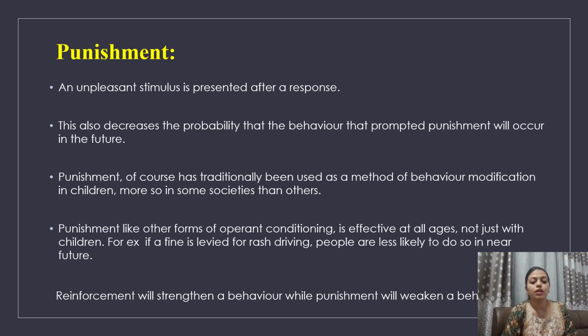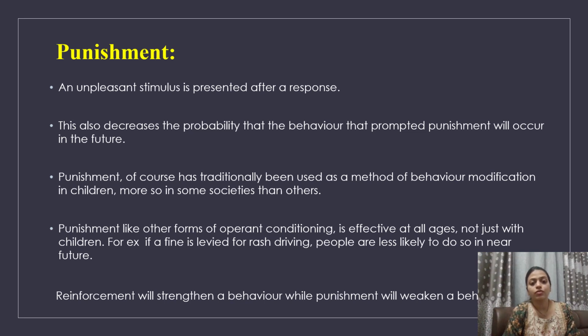For example, if a fine is levied for rash driving, then people are less likely to do so in the near future. So reinforcement will strengthen a behavior while punishment will weaken a behavior. So if you give punishment, the probability of that same behavior occurring decreases subsequently.